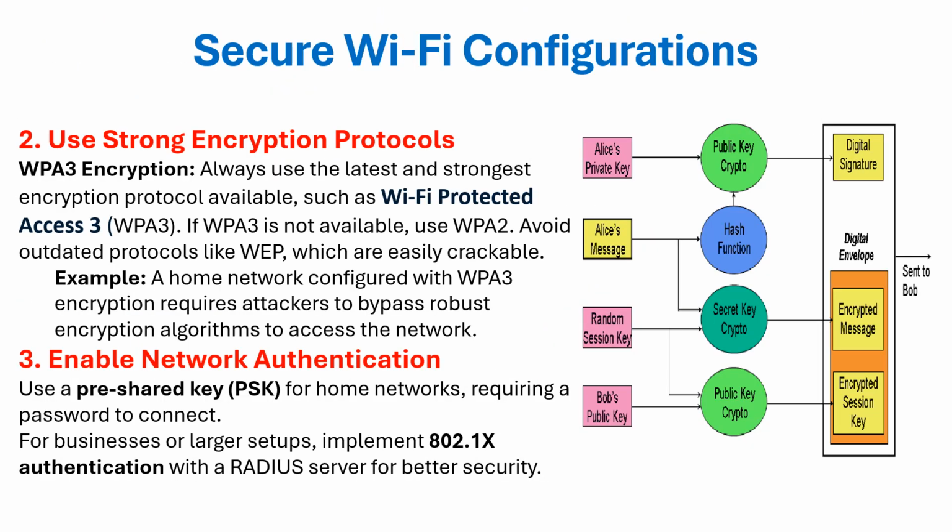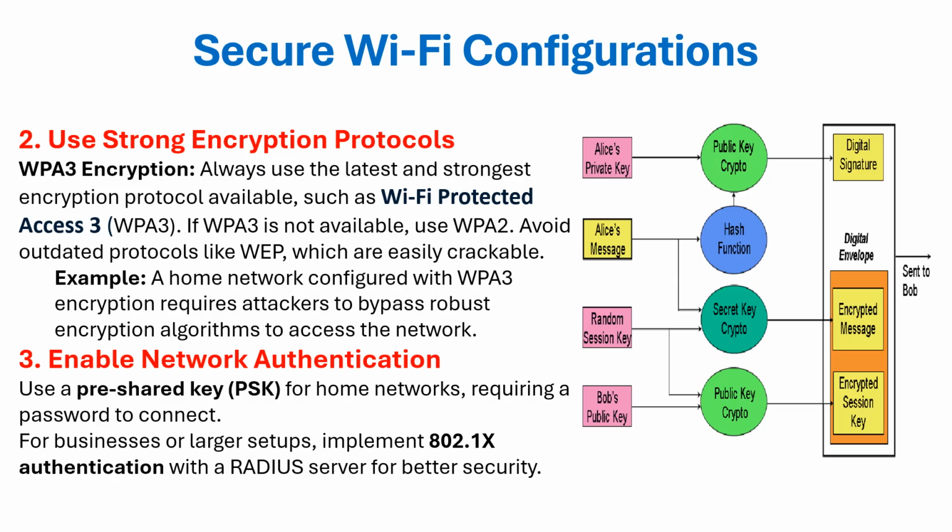The second one is using strong encryption protocols. When somebody connects to the internet, especially the routing data, there are many types of encryption. One of the strongest is Wi-Fi Protected Access 3, WPA3.